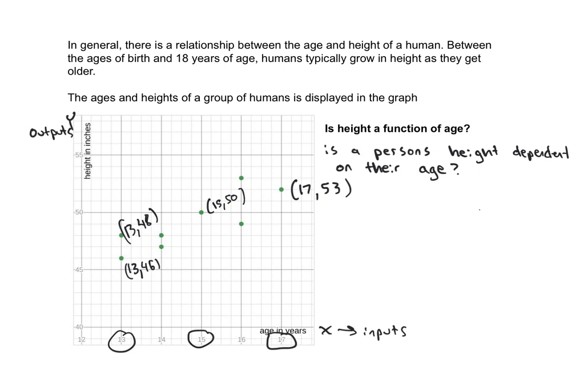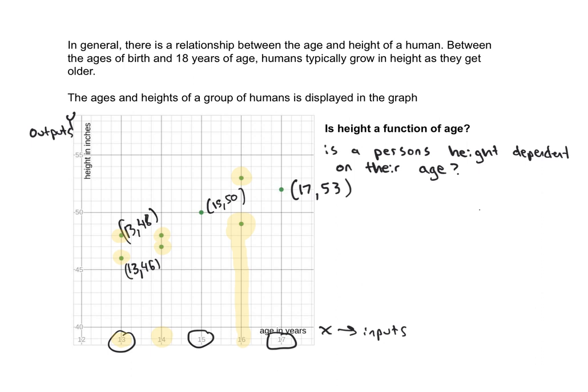And that happens a couple times here. That happens for 15-year-olds. No, it doesn't. I'm sorry. For 16-year-olds, there's 1 and 2 outputs. For 14-year-olds, there's 1 and 2 outputs. So we have 3 different inputs here that have multiple outputs, and therefore it is not a function.